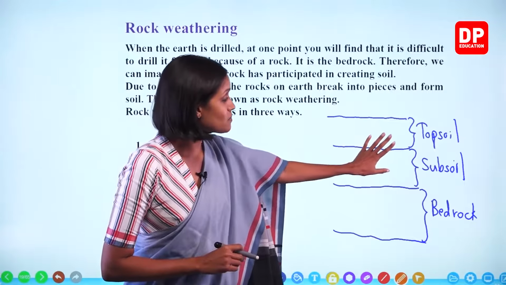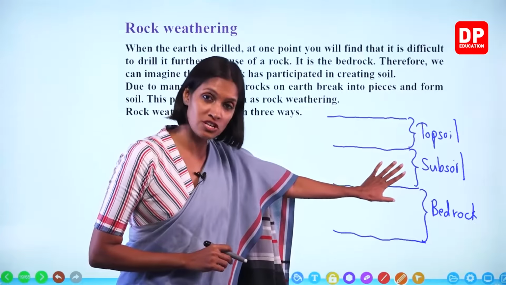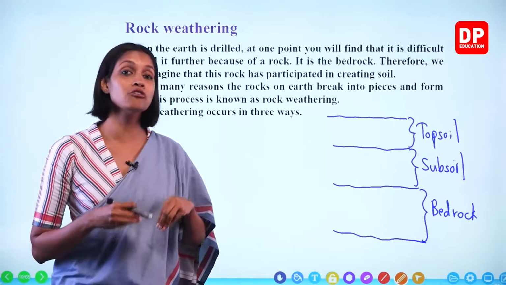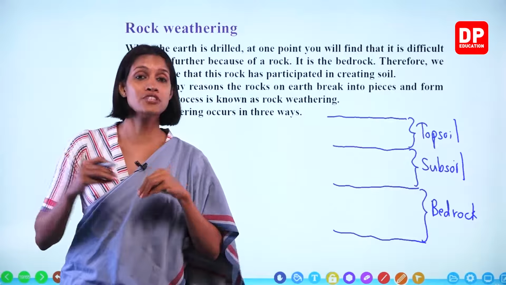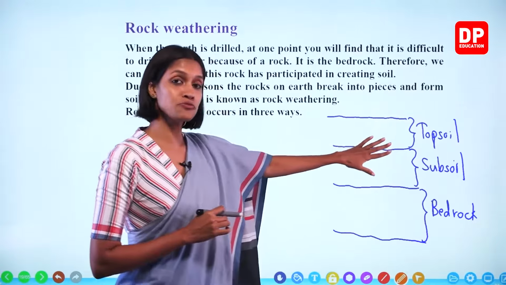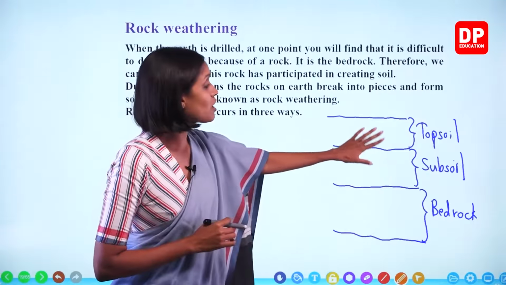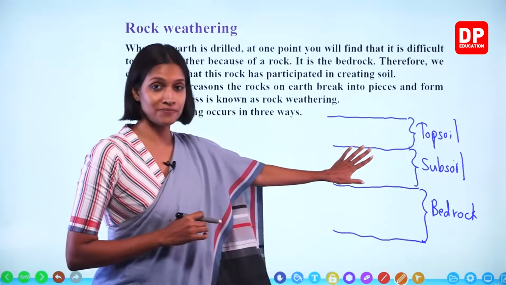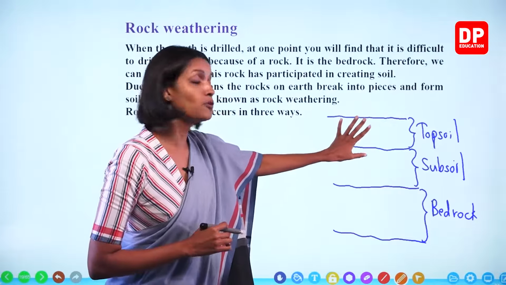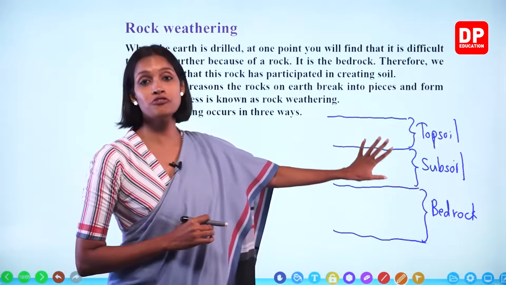Right? That is why subsoil has both pieces of rocks and soil there. Soil is made by breaking down of rock for a long period of time. Right, children? And we learned that topsoil is formed due to breaking down of subsoil layer further. Okay, children? Which means soil is formed because of breaking down of rocks.